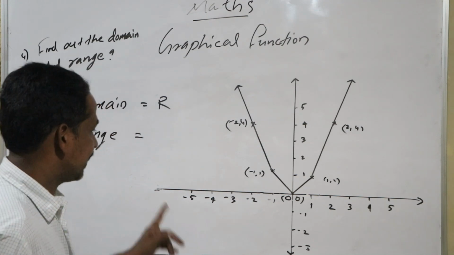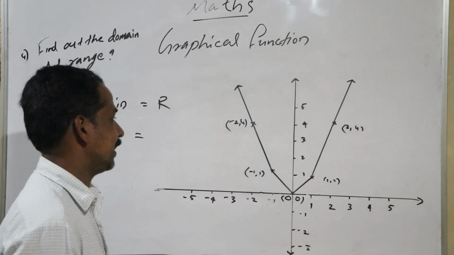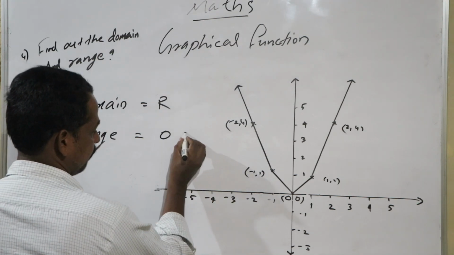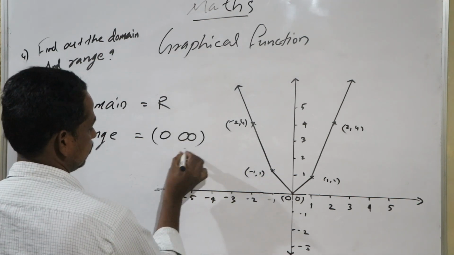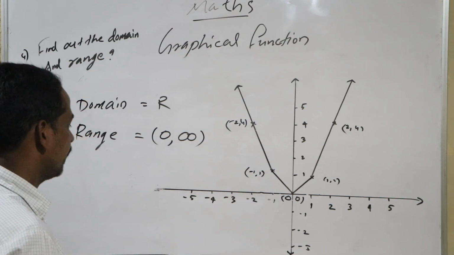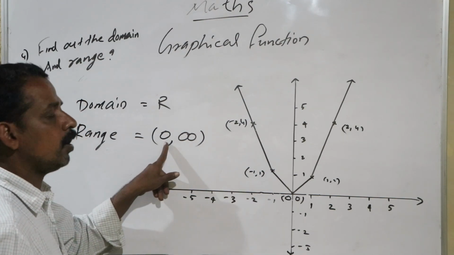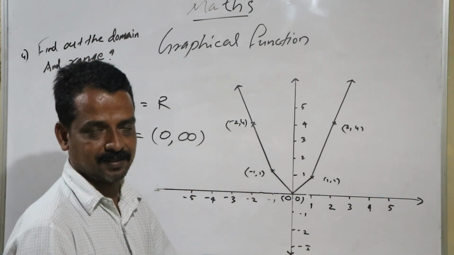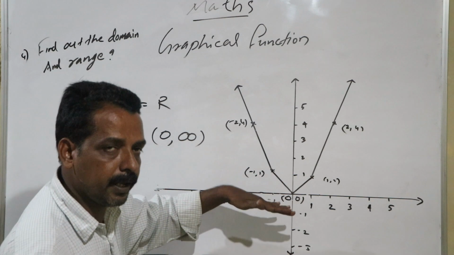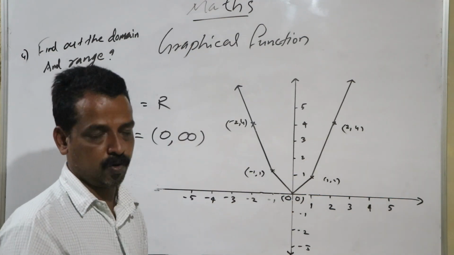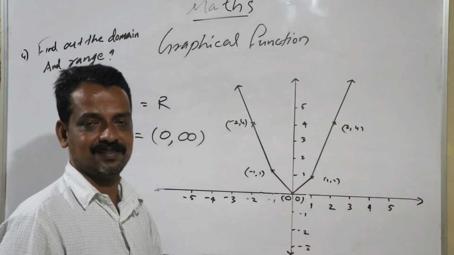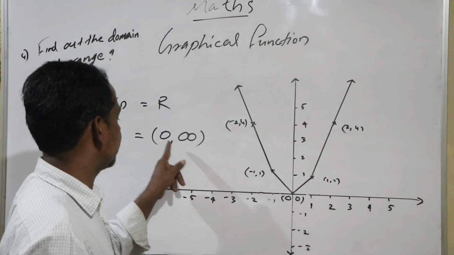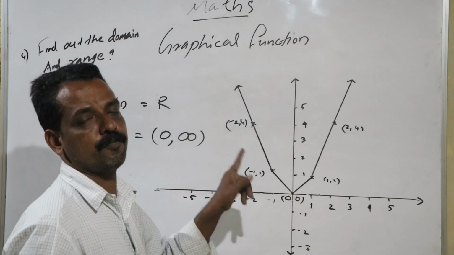So the range is 0 to positive infinity. Okay? According to the y-axis, the graphical line goes only up from 0, not down. So the range is [0, infinity).